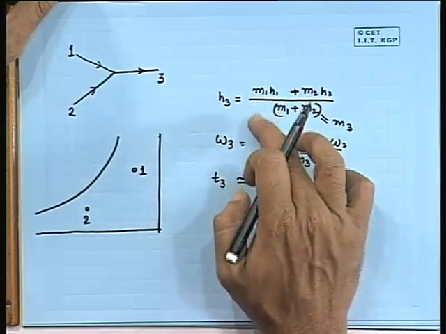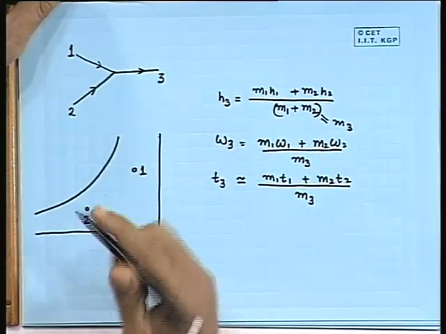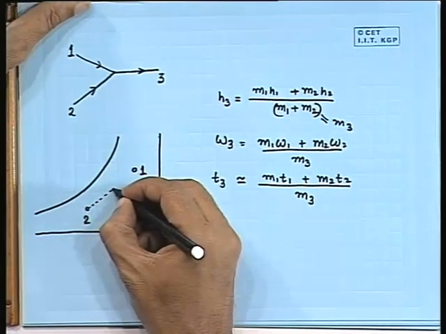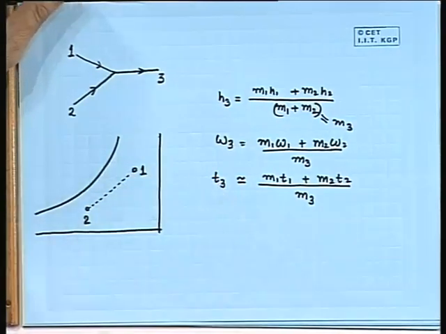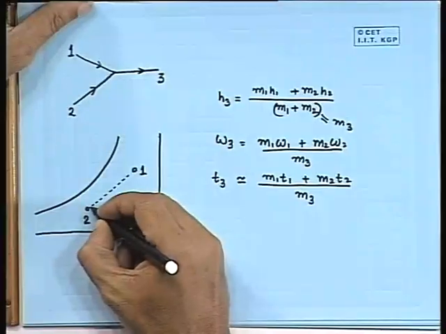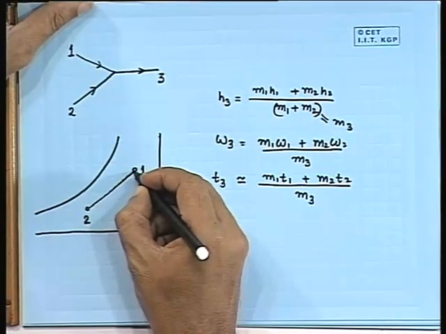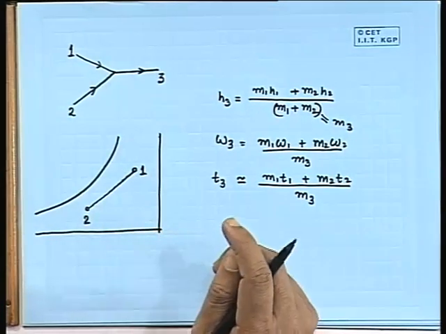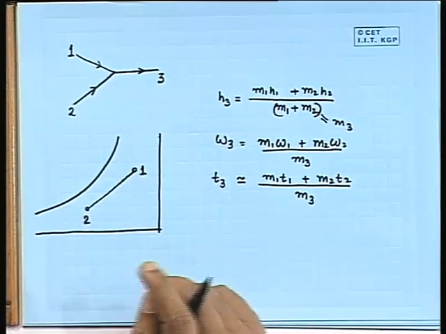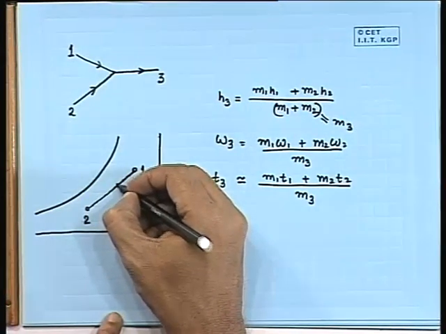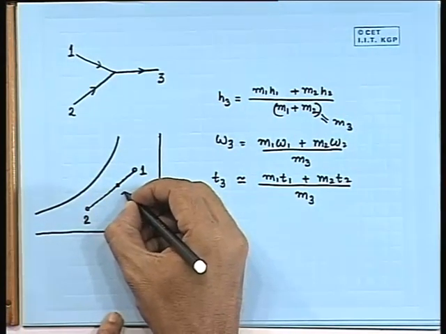From this mathematical relationship one can conclude that the mixture condition will lie somewhere on the line joining these 2 points. That is very important and quite useful: if you have 2 points, then you can easily find the mixture point on the line joining them, and the point will be somewhere here, let us say. This point we can call 3.